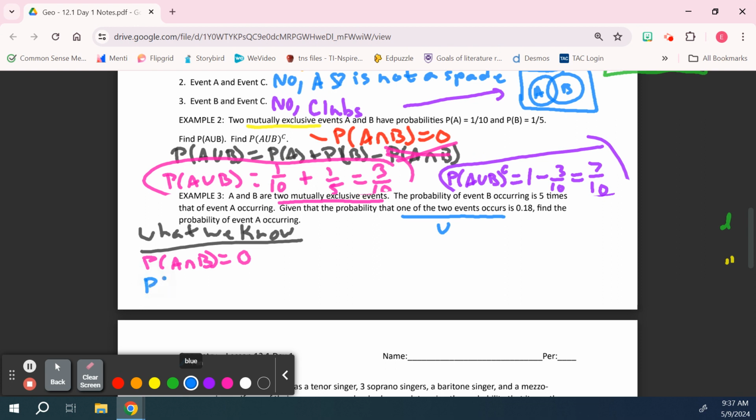So the probability of A union B is going to be 0.18. And then lastly, they're telling us that the probability of B is 5 times that of event A. So that means this is going to be 5 times the probability of A.